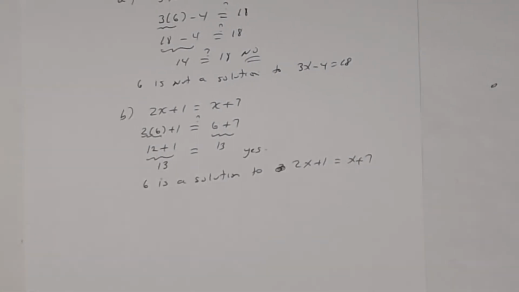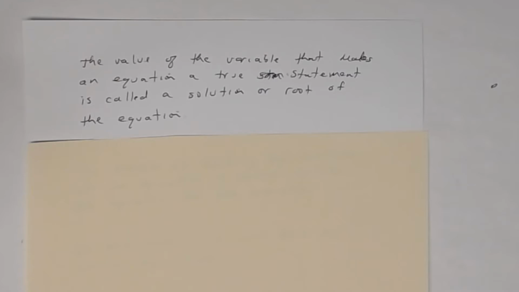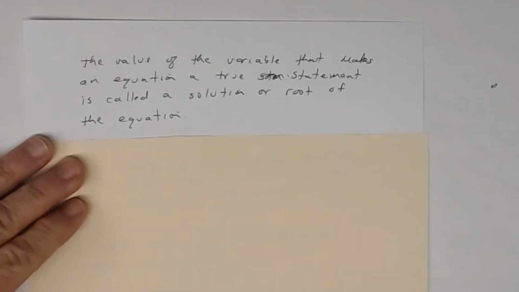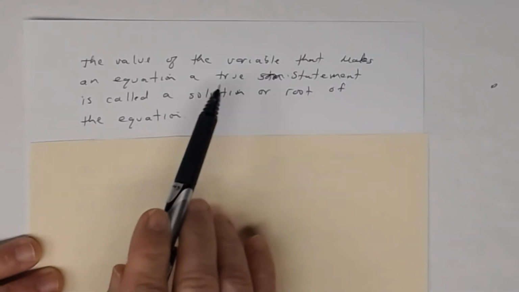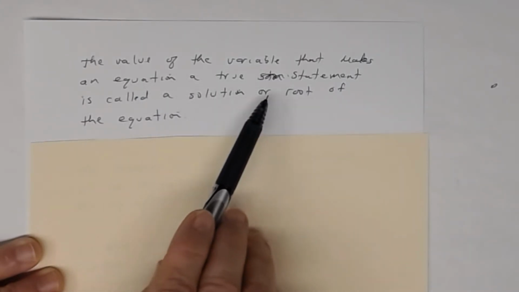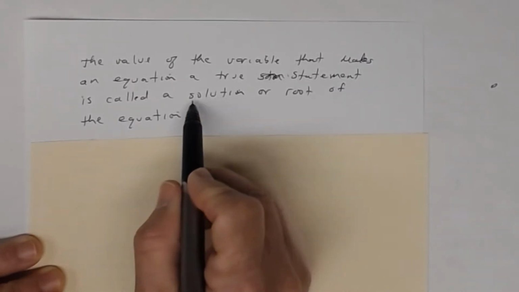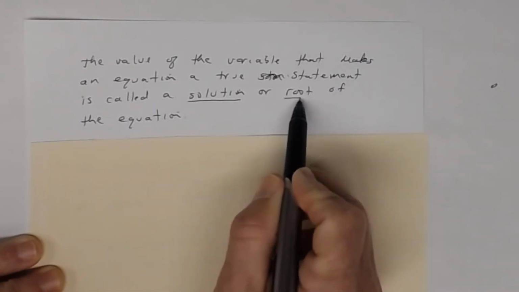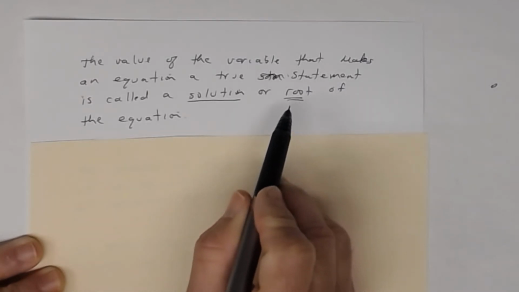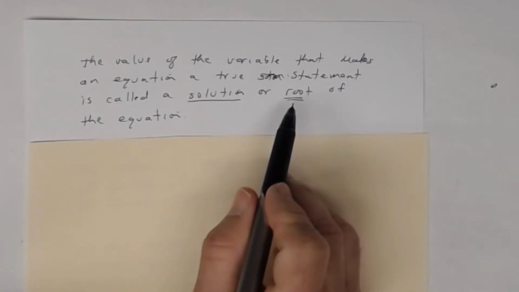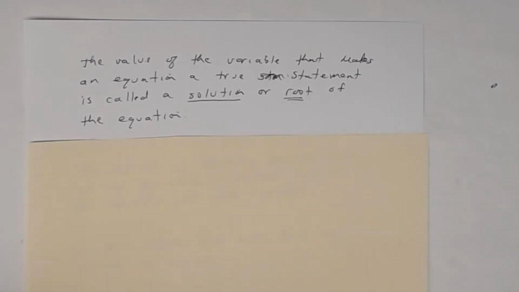That's what we mean by the idea of a solution. Let's summarize what we just learned. The value of the variable that makes an equation a true statement is called a solution. Sometimes you'll hear the word root; root and solution mean the same thing.